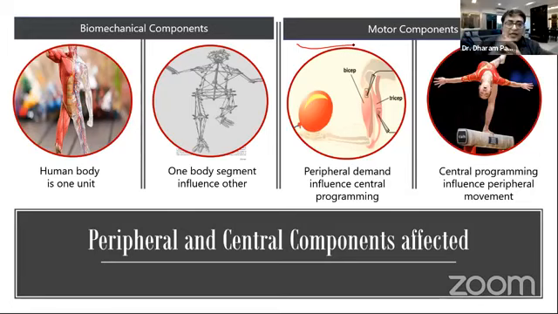And the next thing is that central programming influences peripheral movements. How well programmed your brain is, and how accurate that programming is, influences your peripheral movement. Take this girl, a gymnast, who is standing on a very narrow base of support. She has so much accurate control, with eccentric and constant contraction of the muscles, agonist and antagonist.